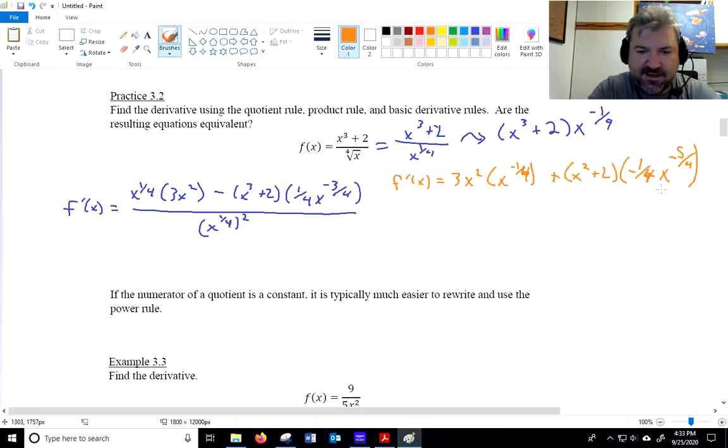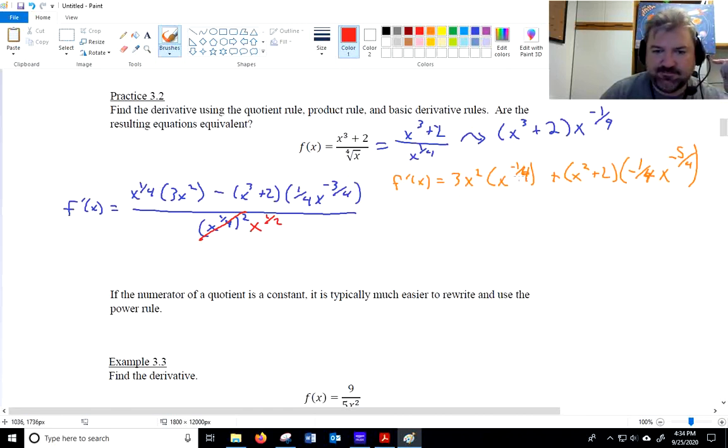But maybe we could make this look the same. Normally it's okay to have different forms, but that's why I said equivalent, not look the same. Well, we agree that this is x to the 1/2, right? I'm just going to make that little note right there. If I was to divide this into x to the 1/4, that would get me x to the negative 1/4.